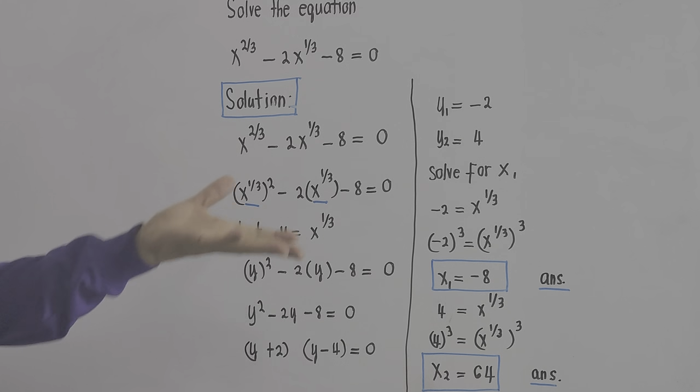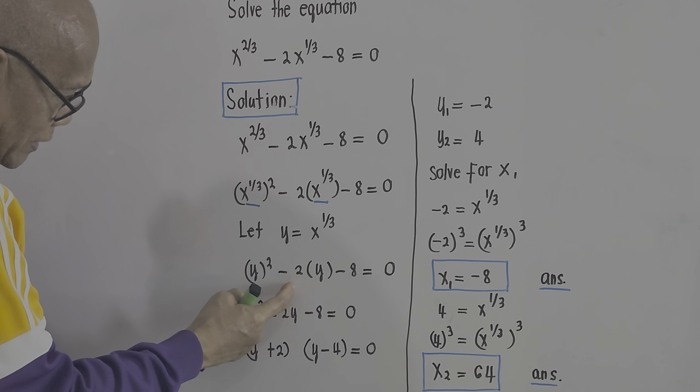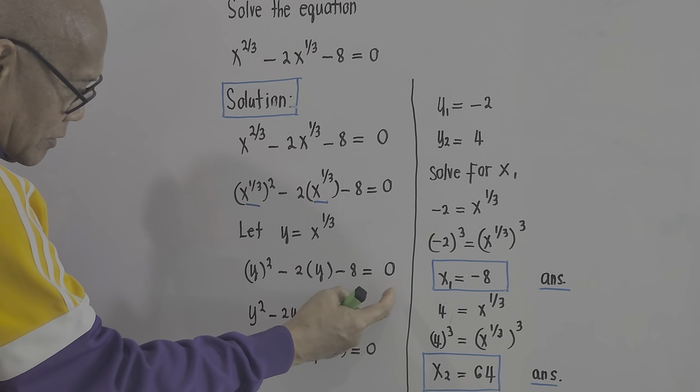So if y is equal to x to the 1/3, the resulting equation now will be, we will replace this by y, so this will become y quantity squared minus 2 times x raised to the 1/3, which is actually y, multiplied by y, minus 8 equal to 0.